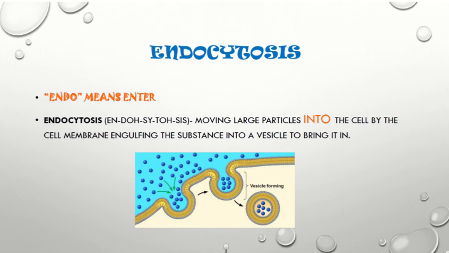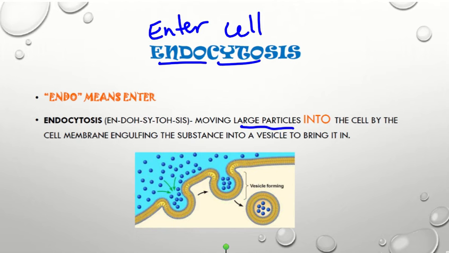Now our bulk transport, we have two methods. We have what's called endocytosis. Endo simply means enter. Cyto means cell. So enter cell. This is where we're moving large particles into the cell. And we are using our vesicles to do so. So particles basically will come into the cell membrane.